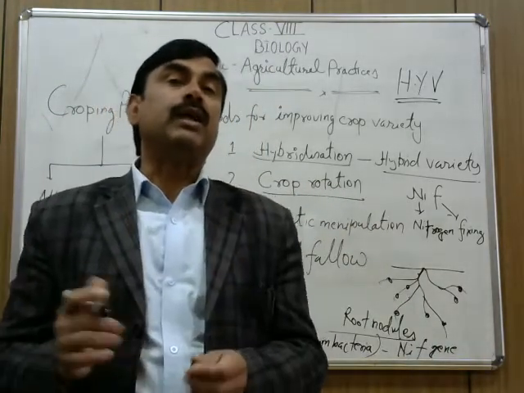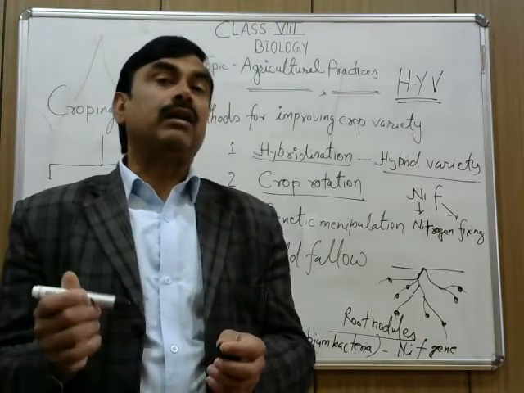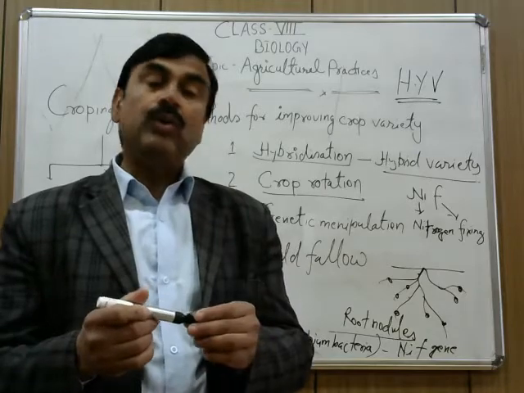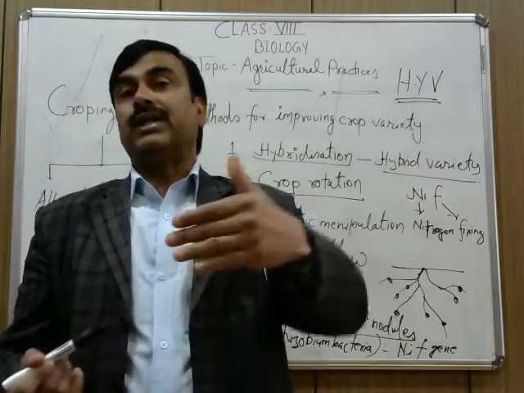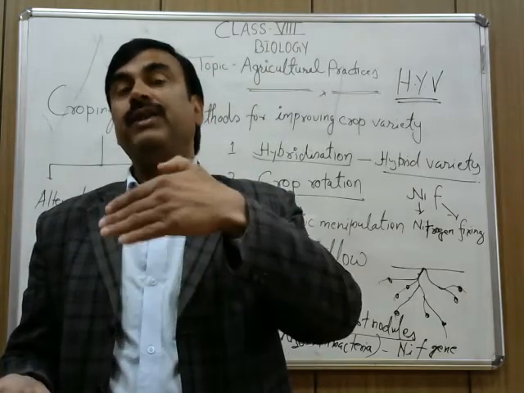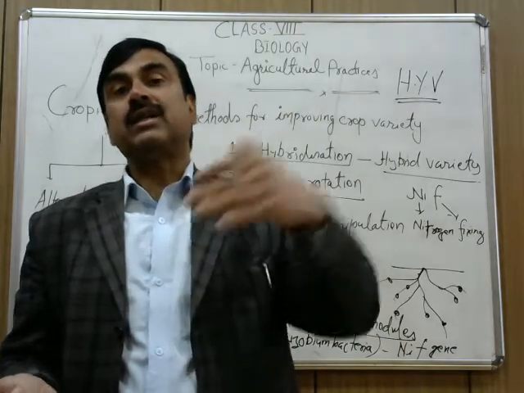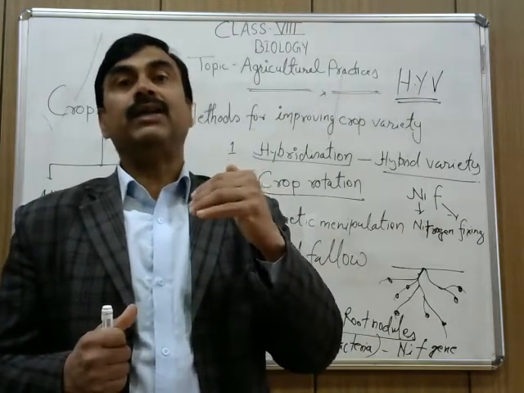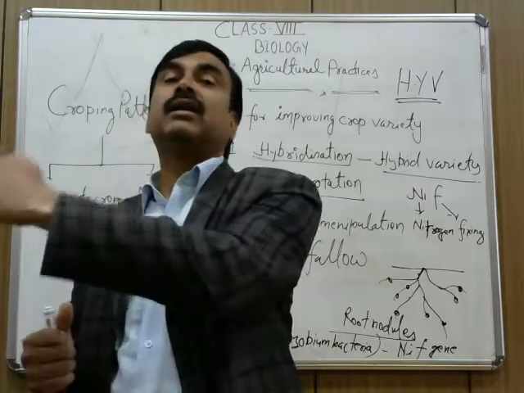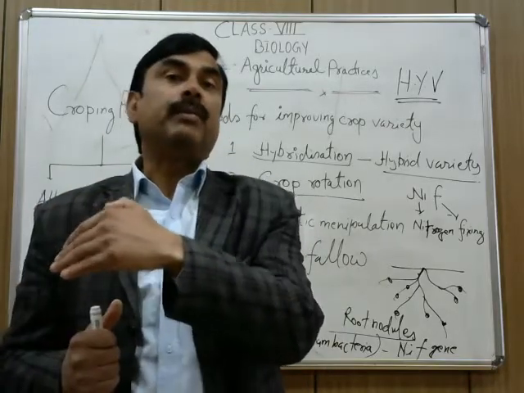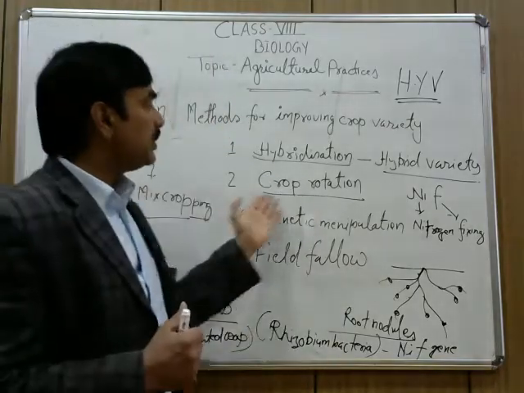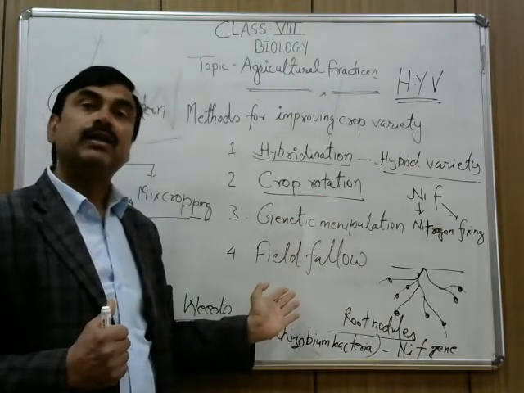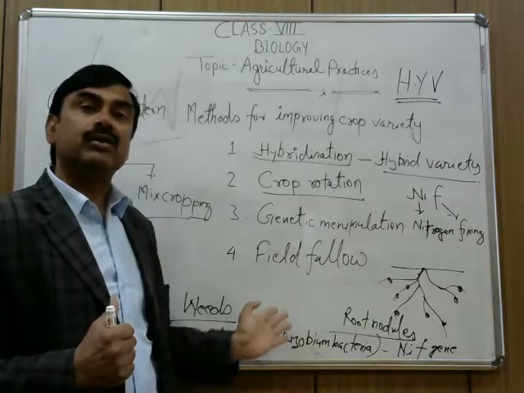Every crop, like wheat, has its own weeds. A special type of weed grows with a special crop. Chaulai and bathua will not grow with the other crop. When we change the crop, the growth of the weeds is automatically stopped.